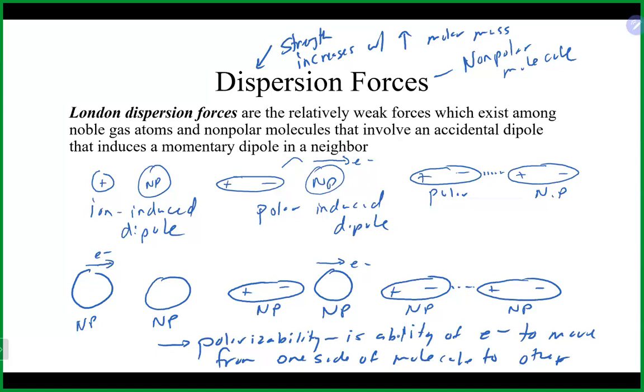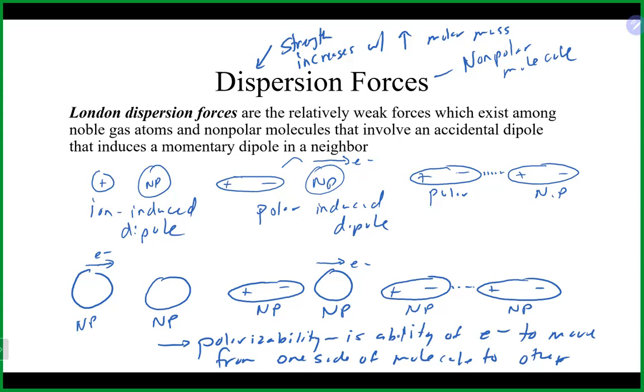If I have more molar mass, I have more atoms and more electrons, so there's a greater opportunity for electrons to interact with each other, and to go one way or the other and distort the overall electron cloud. So if you compare the strength of dispersion forces between two nonpolar molecules, the one that has the higher molar mass typically has the stronger dispersion force. If that makes sense.